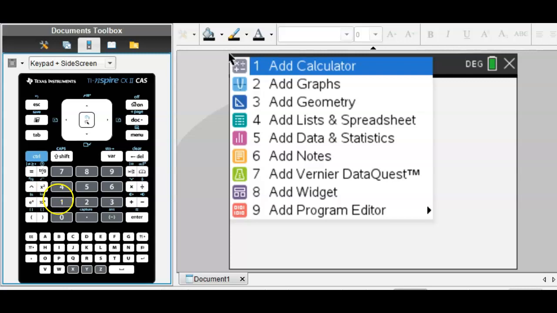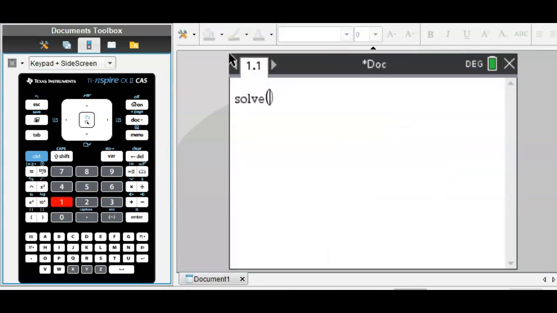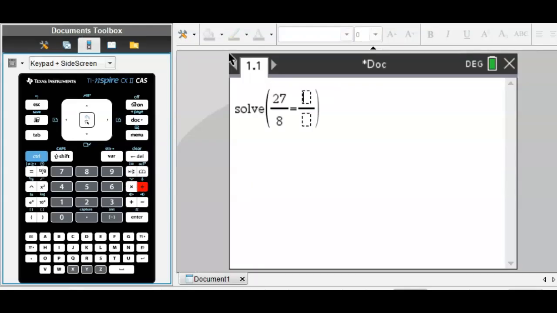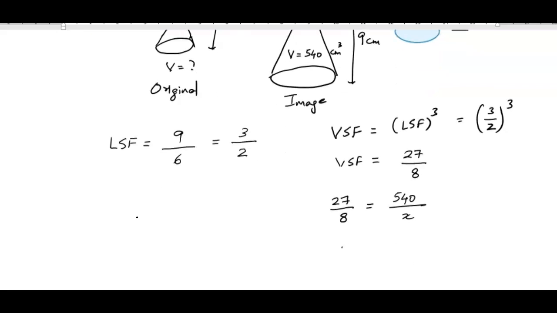So I'm going to open up a calculator page, menu, algebra, solve: 27 over 8 equals 540 over x. Solving this for x gives us a volume of 160 centimeters cubed. So the volume x equals 160 centimeters cubed.